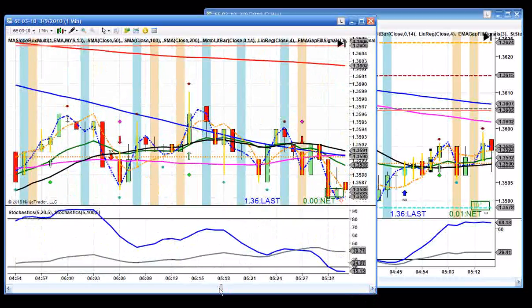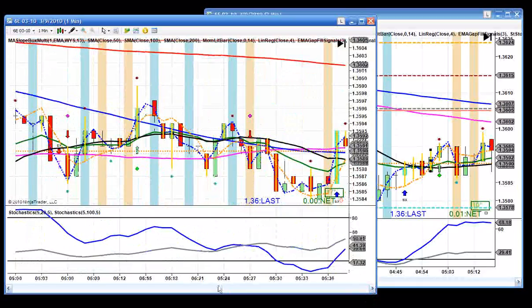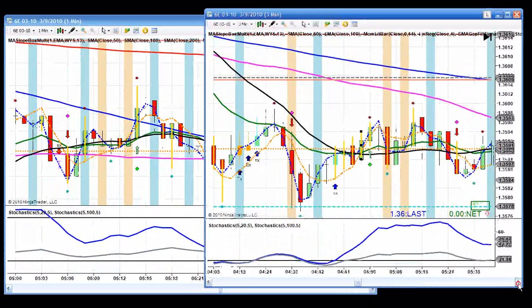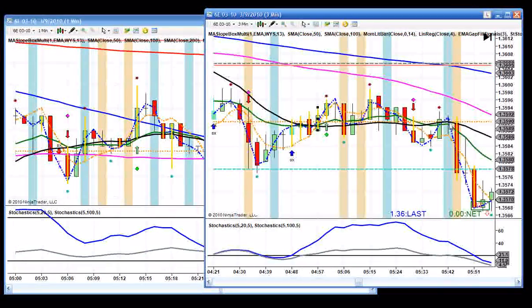Now, as you can see, the market continued to go sideways because this overall fan was still very strong, and the market did not actually go up and break to come back down to follow the existing trend.